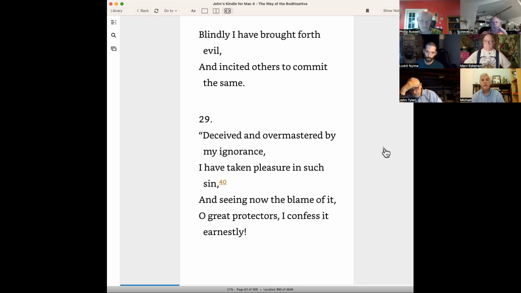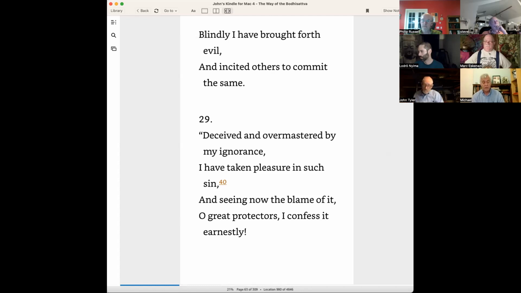And confession basically depends traditionally on what are called the four powers. The first is the power of regret, or you could call it the recognition of misdeeds. It's just seeing that we've done things that are harmful to ourselves and harmful to others. The second is the power of reliance, or sometimes it's called the reliance on basic wisdom.